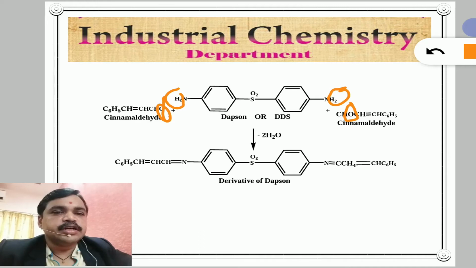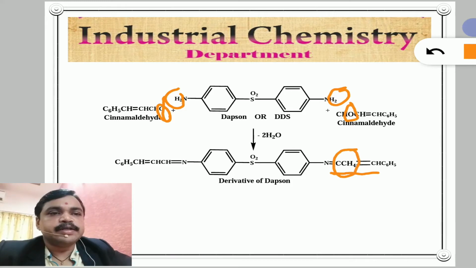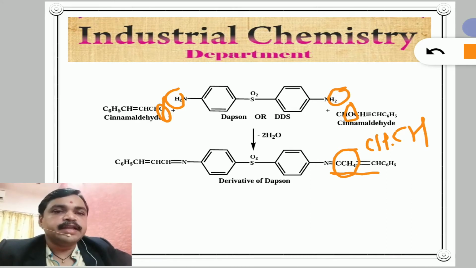In this structure, here is some mistake. Here not CCH4 but here is CH bond CH. CH bond CH. Both sides of these derivatives are same.